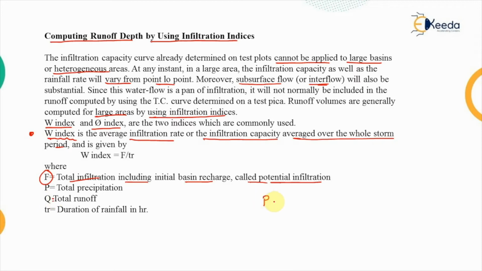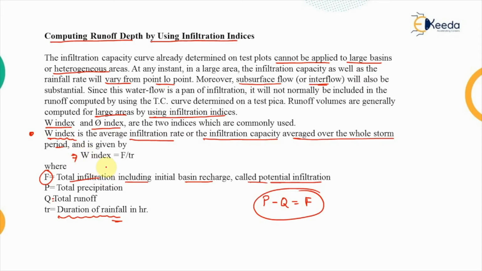So out of the total precipitation, if we deduct the total runoff, we will get the total infiltration. And if we divide this total infiltration by the duration of the total storm, that is the duration of the rainfall in hours, we will get the W index.